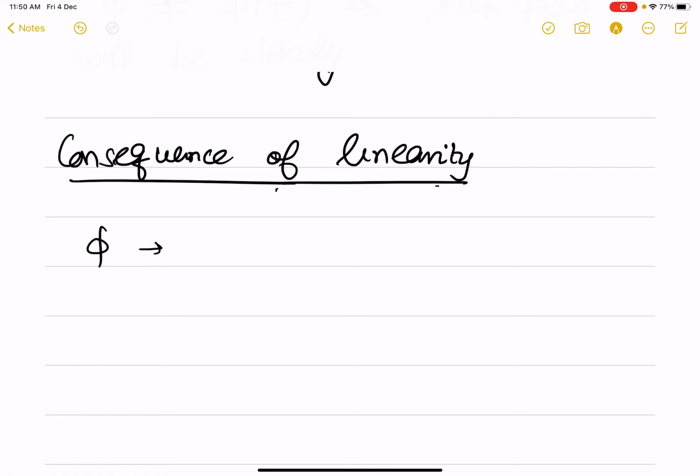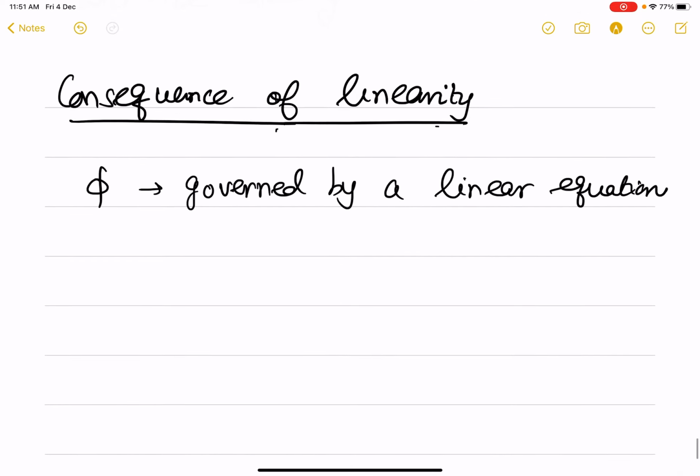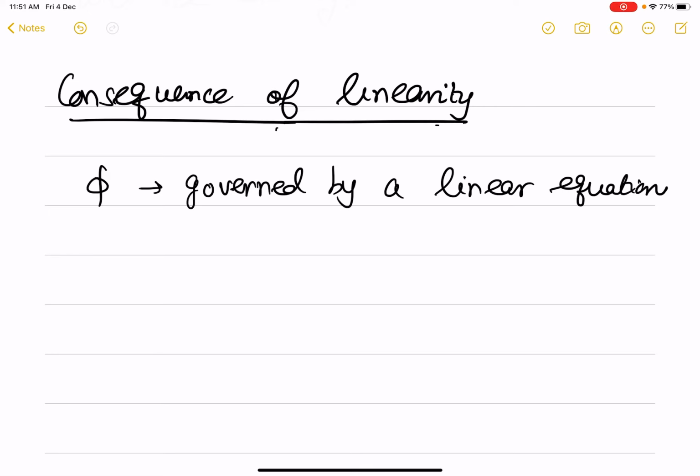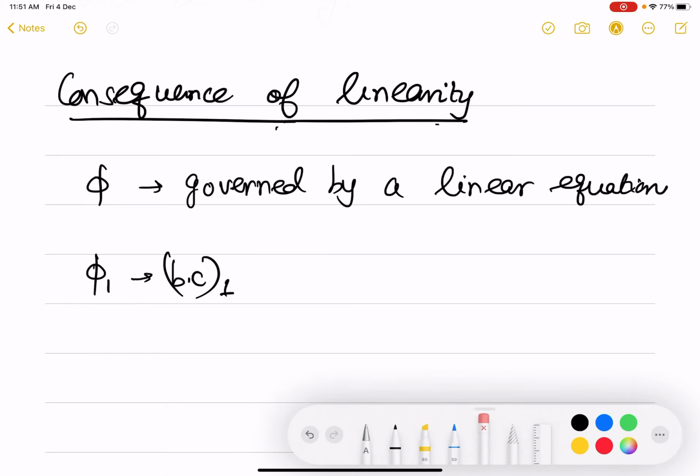Phi, as we have seen, is governed by a linear equation. So since phi is governed by a linear equation, let's repeat this argument. I'll just repeat this again.